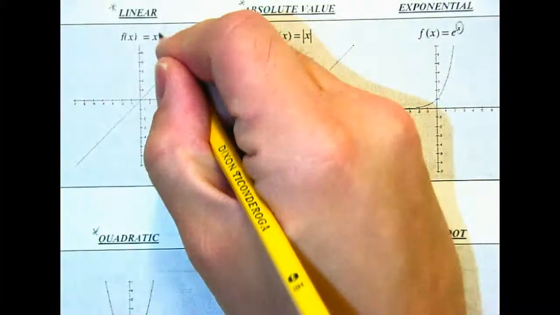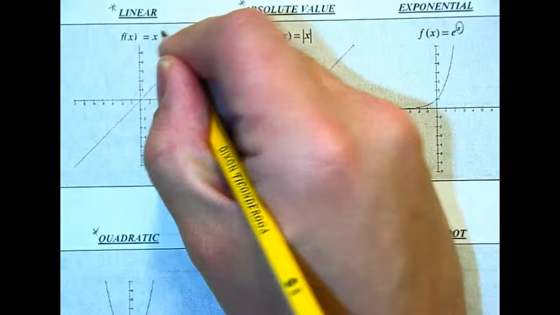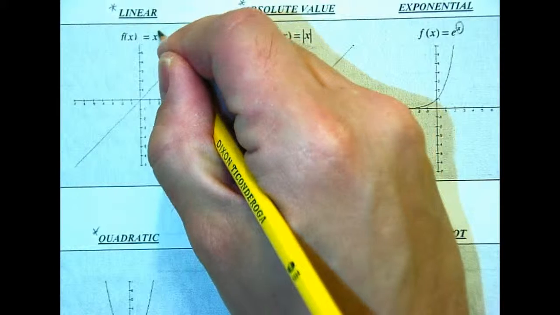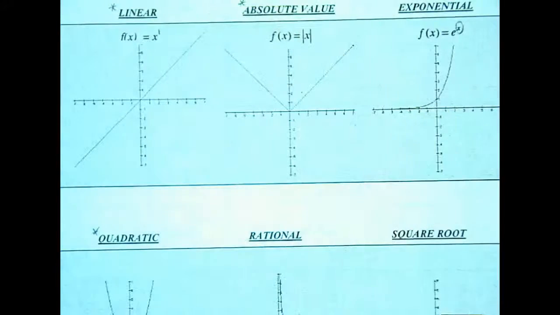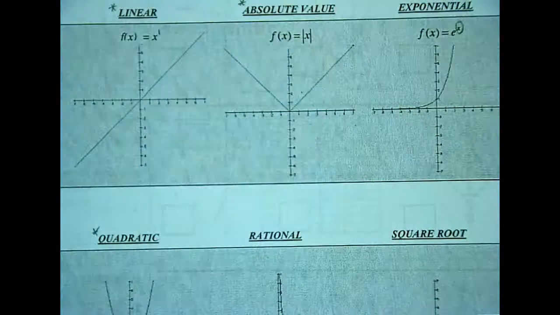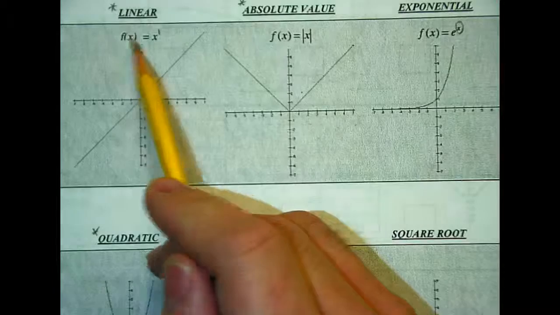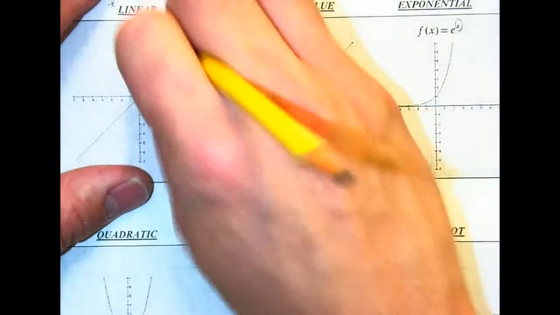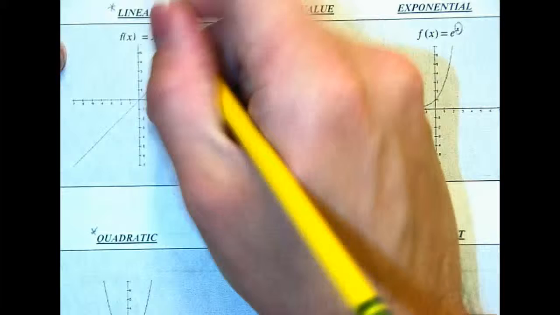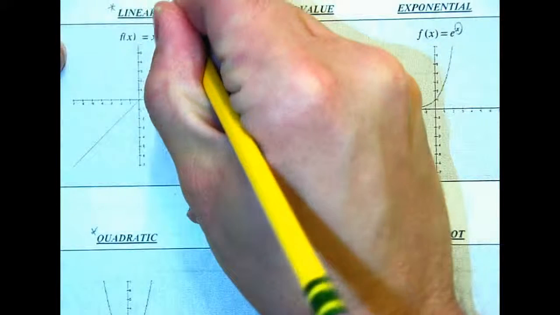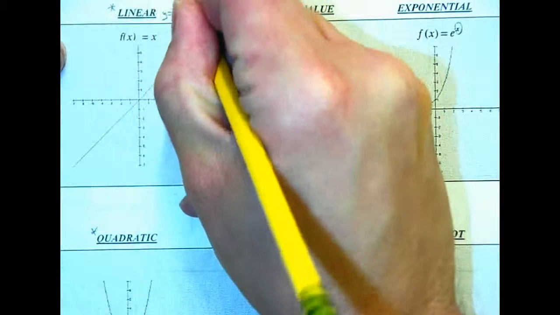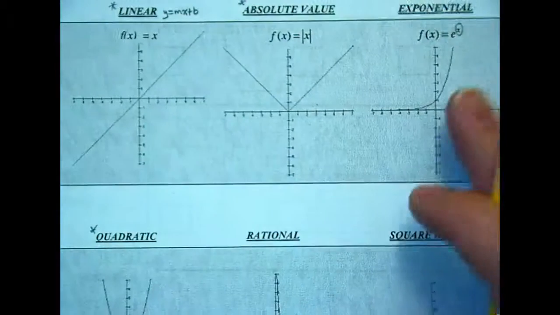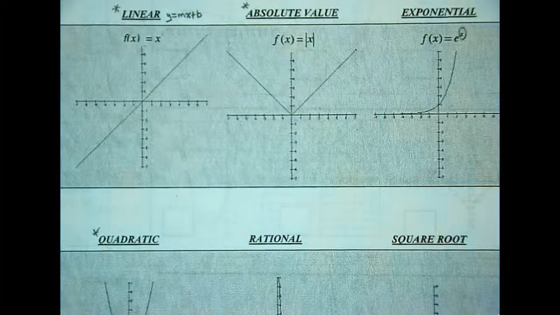The real key is we're focusing on x being to the power of 1. X is to the first power, or we don't see a power up there. It says f of x, which is the same thing as y. You learned last year y equals mx plus b. That's a good way to think of linear. That's slope-intercept form, so we'll use that a lot.